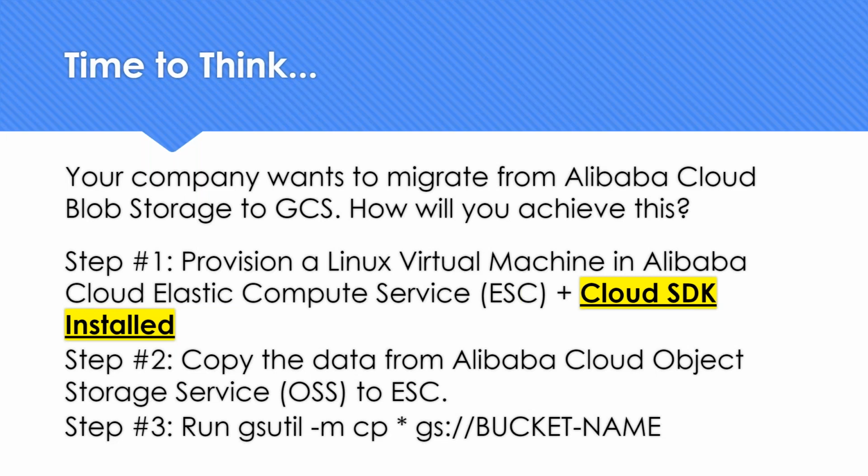They may add it, or IBM Cloud, Oracle Cloud. If Google cannot provide support for everything, you still have gsutil, and anyway you are running on a virtual machine. In that virtual machine itself, configure crontab so that every day you can transfer from Alibaba blob storage to Google Cloud Storage. Simple. That's the option.